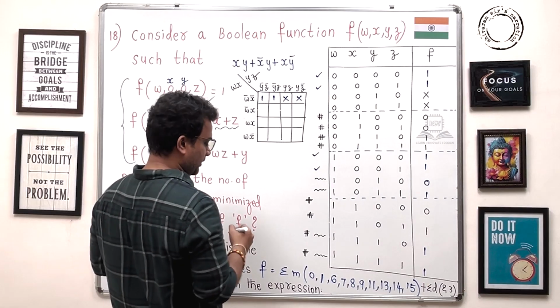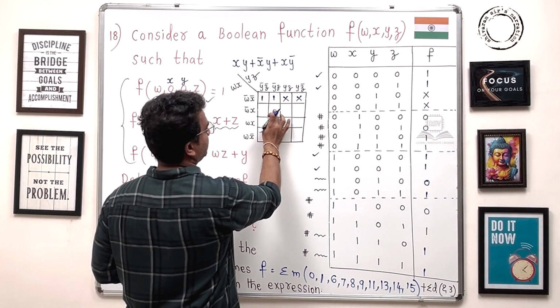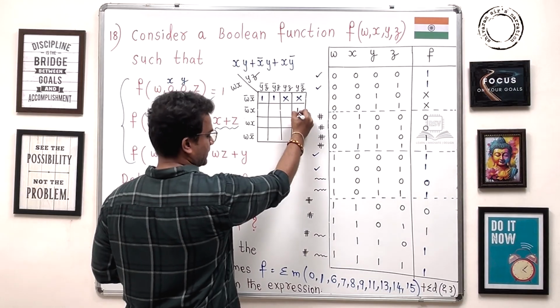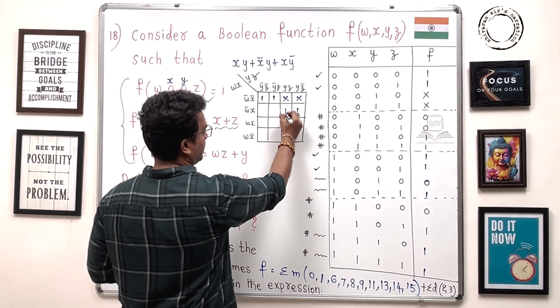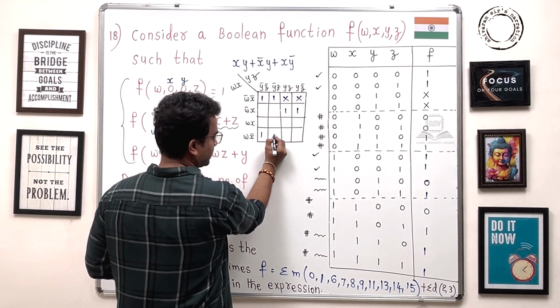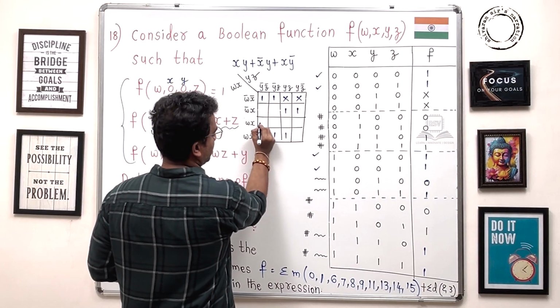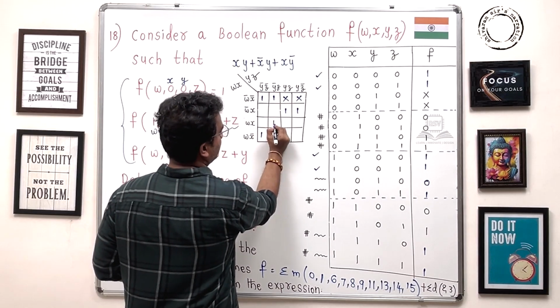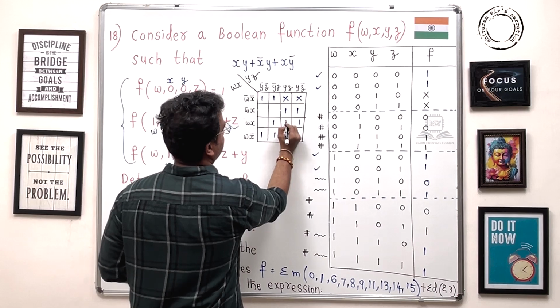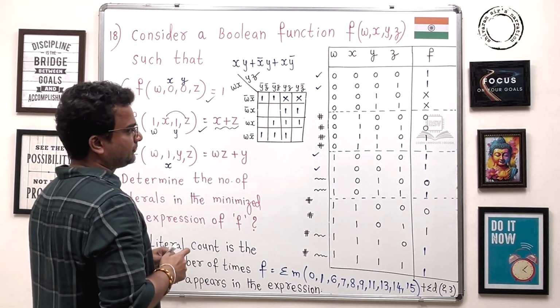Again, here 4, 5, 6, 7, 8, 9, 10, 11, 12, 13, 14, 15. This one.